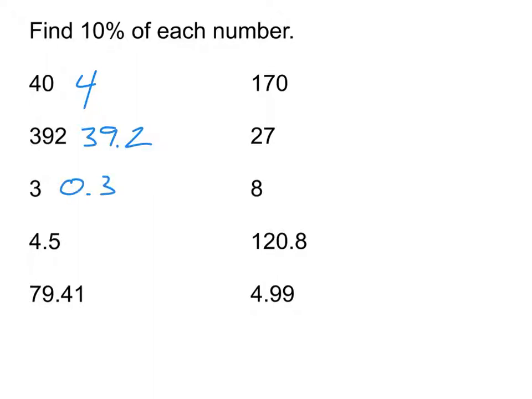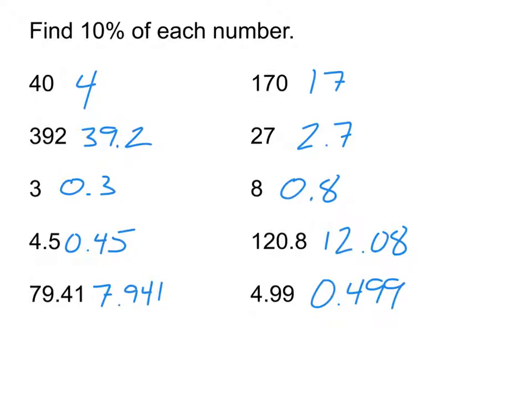So I'm going to make it 0.3 there. The 4.5, we actually have a decimal written in at the start here. Move it left 1, and notice it's going to be 0.45. So you notice how all these things are running. And so these are all of those answers where we figured out what 10% of each one was. We're just moving that decimal over one place in order to be able to do this work in our heads. No calculators needed then. And that's the great part about it.